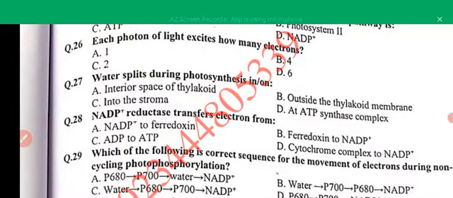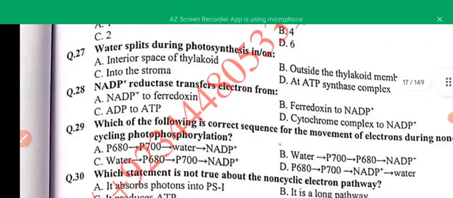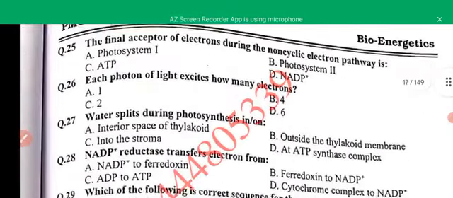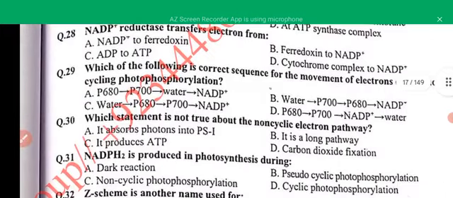NADP reductase transfers the electron from ferredoxin to NADP, and it is converted into NADPH. So the correct option is B, according to non-cyclic phosphorylation.